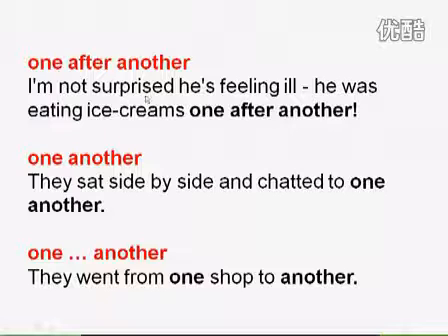那么接着我们往下，有一些短语书中出现的，比较相似。One after another, one another. 好，我们来看看句子，是否能够把它们区分开来。第一个，I'm not surprised he's feeling ill. He was eating ice cream one after another. 好，他说我一点也不奇怪，他觉得不舒服，为什么呀？他一直在吃冰激凌，一直在吃凉的，一个接一个的吃，right?